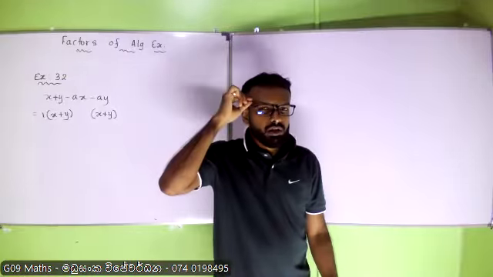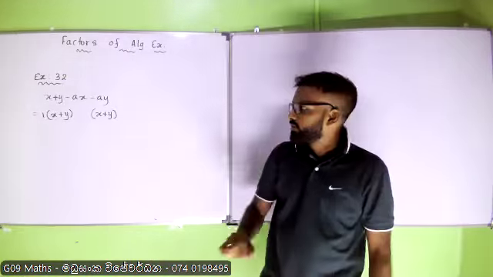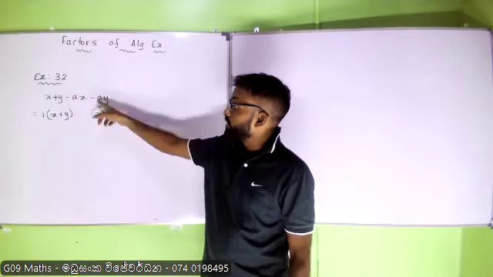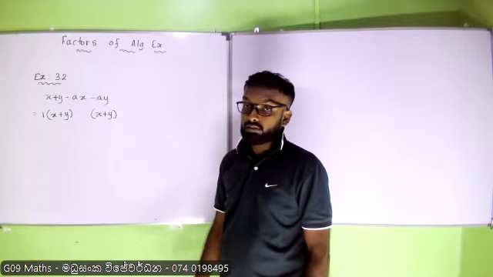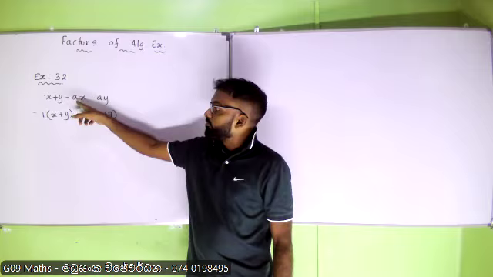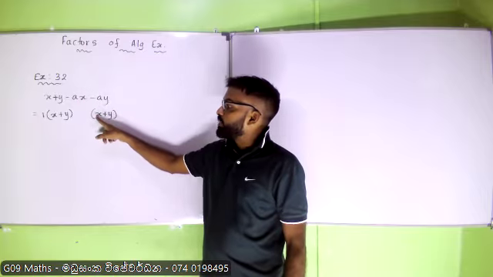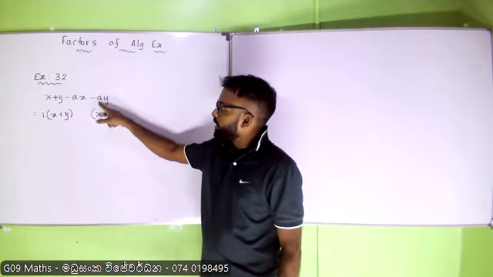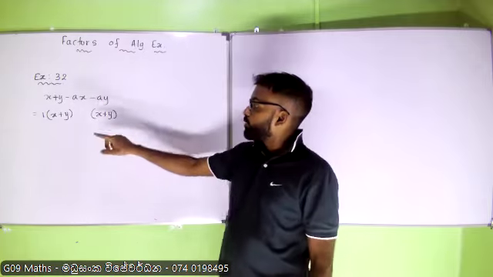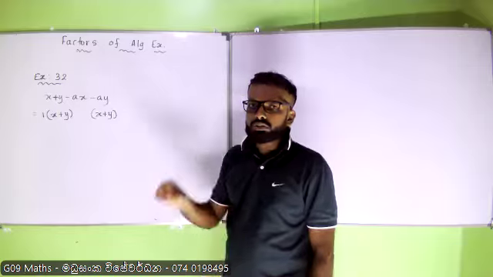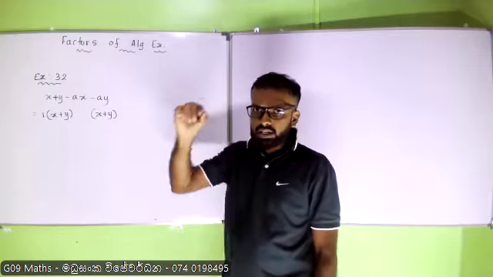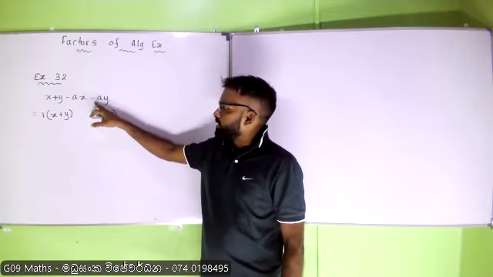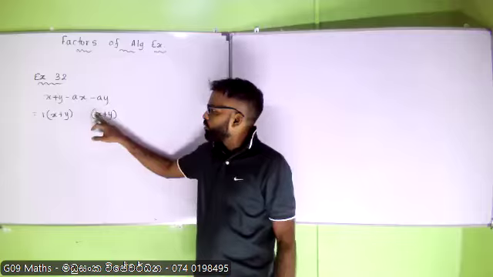If you think a little, here we have negative ax and negative ay. Negative ax has been converted into positive x, and negative ay into positive y. So the sign has been changed: negative to positive, negative to positive.